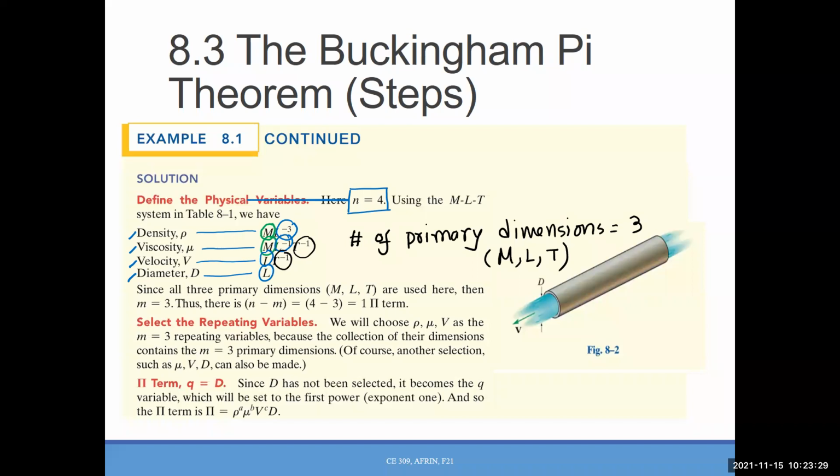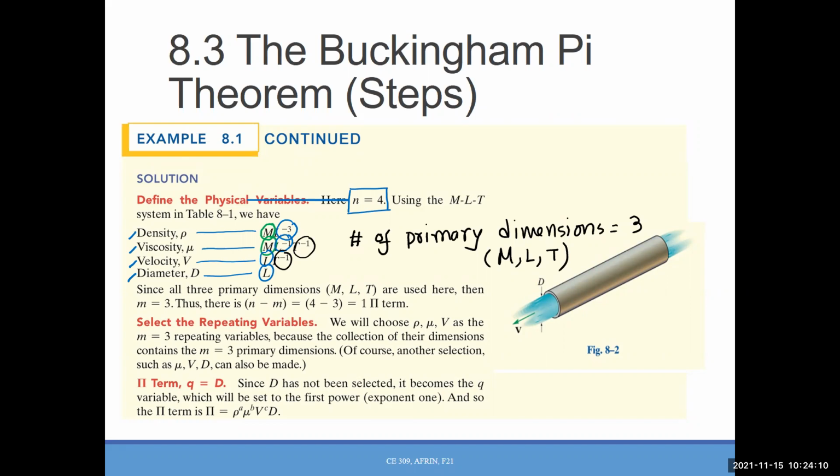So step 2, who will read step 2? Second last bench, someone, yeah, read step 2. Okay, and there are a few conditions A, B, C. Would you mind reading those also? n minus m.